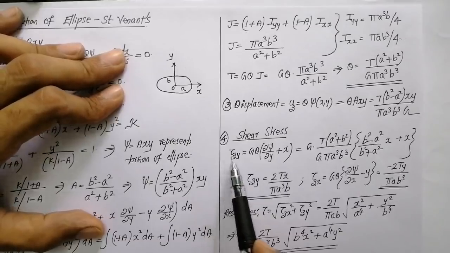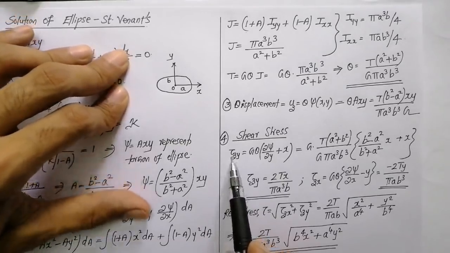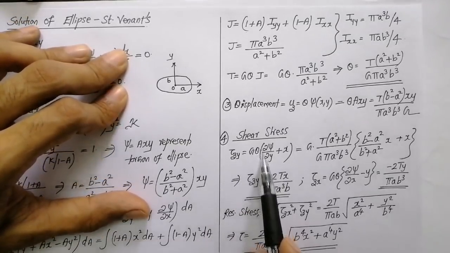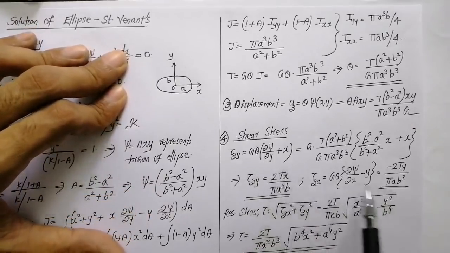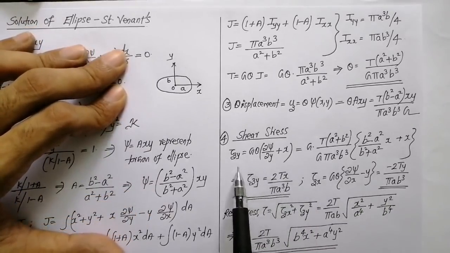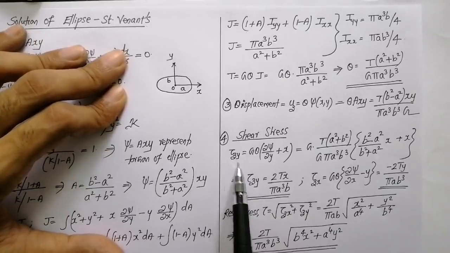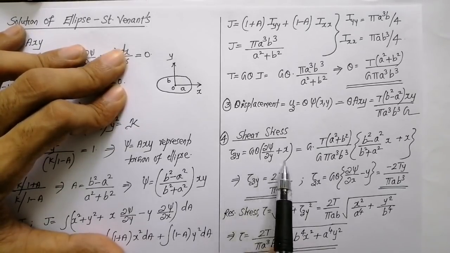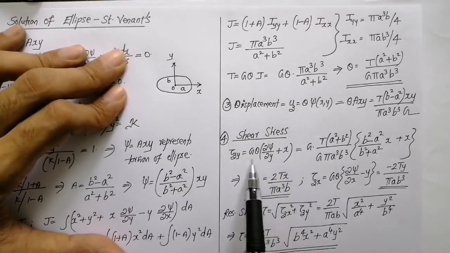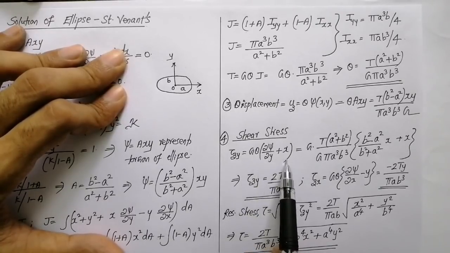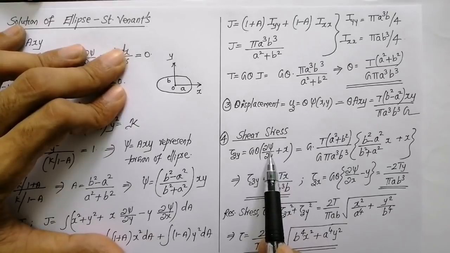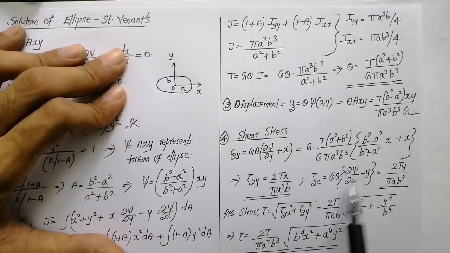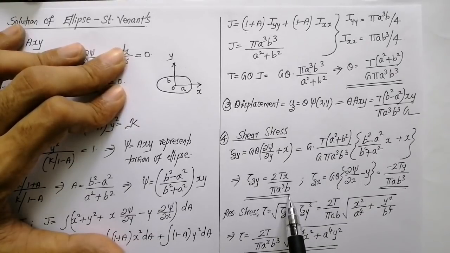Now the last portion, they have asked for the shear stress and the resultant shear stress. As I have explained earlier, we have two values for shear stress, that is τzx and τzy. So what is τzy? This equation you need to remember: Gθ(∂ψ/∂y + x). You have to substitute the value for ψ here, differentiate, and obtain the final equation as 2Tx/(πa³b).